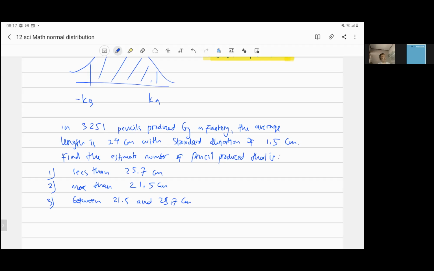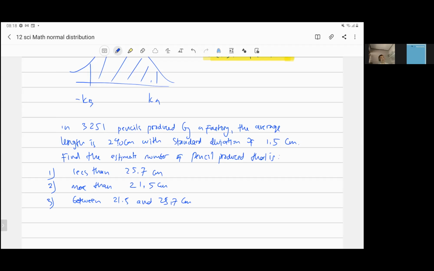We find out that the average length is 24.0 centimeter, with standard deviation 1.5 centimeter. We are going to find the estimated number of pencils produced that are less than 25.7, more than 21.5, and then between 21.5 and 25.7 centimeter.